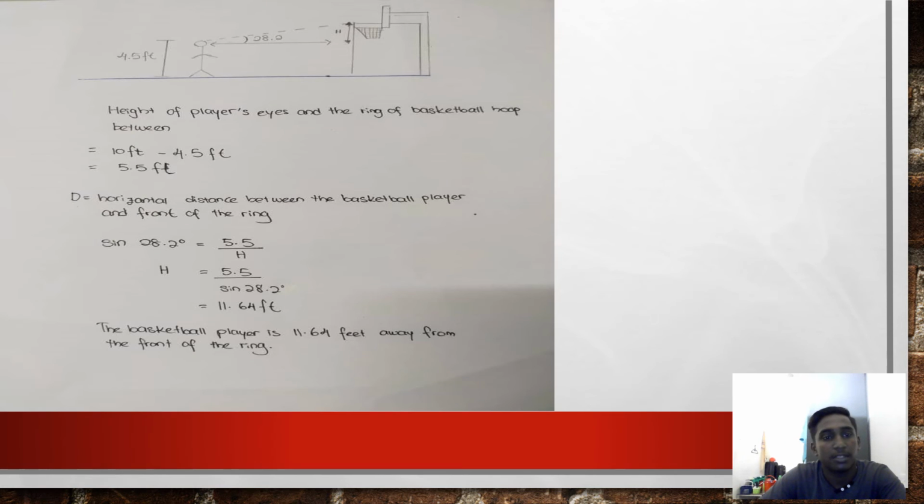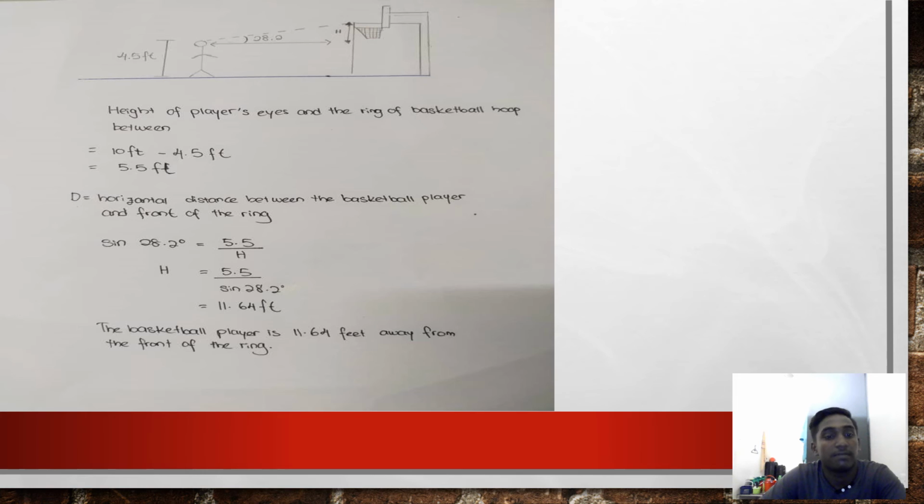Now this is the method to calculate the trigonometry of basketball. The height between the player's eyes and the ring of the basketball hoop is 10 feet minus 4.5 feet, which equals 5.5 feet. For the distance between the basketball player and the front of the ring: sin 28.2 equals 5.5 over hypotenuse.